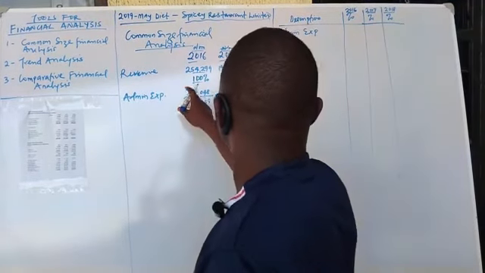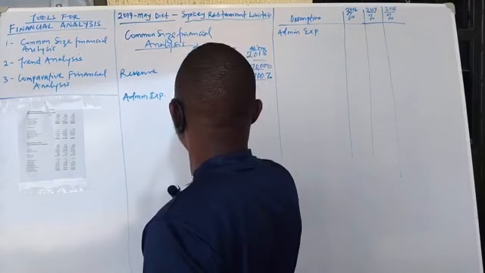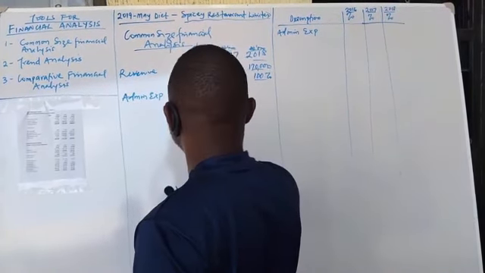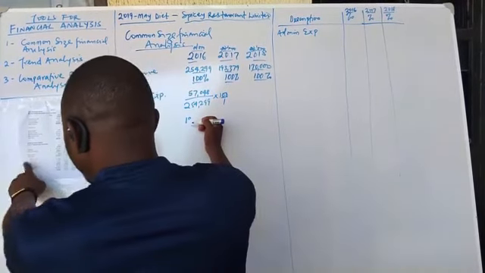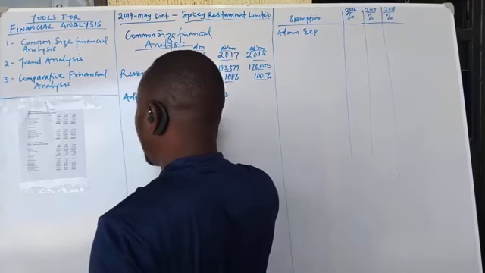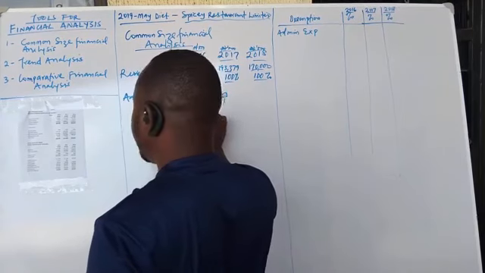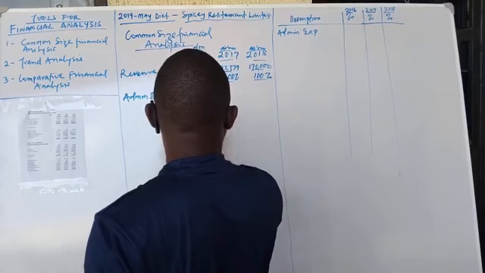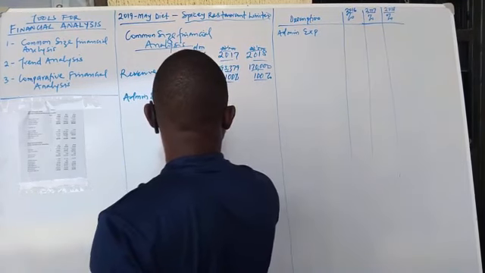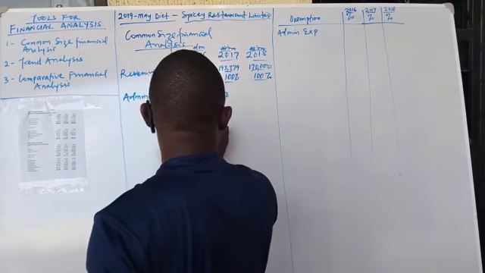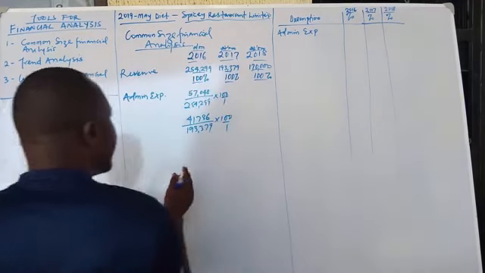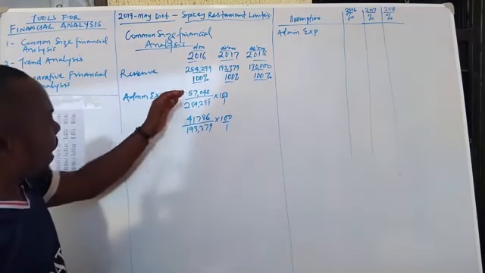We have done the one for 2016 here. Let's look at 2017. The value for 2017 admin expenses is 41,786 divided by the value of the revenue in 2017, which is 193,379, multiplied by 100 all over 1. So this is the way you keep analyzing it.